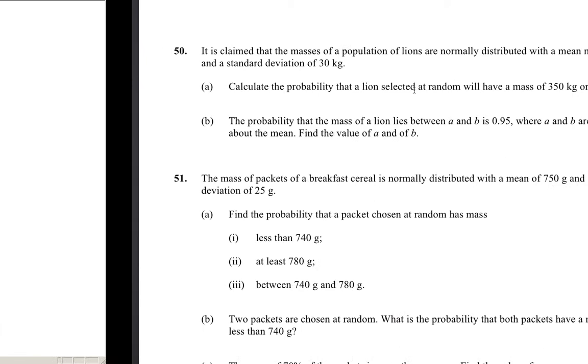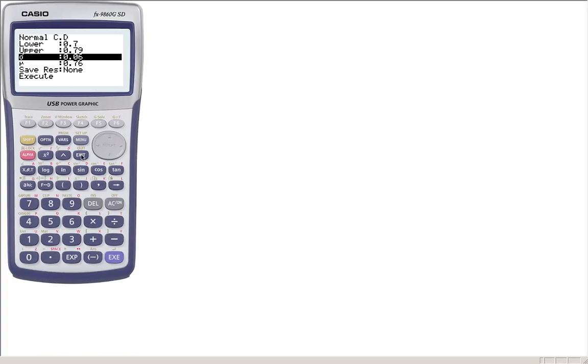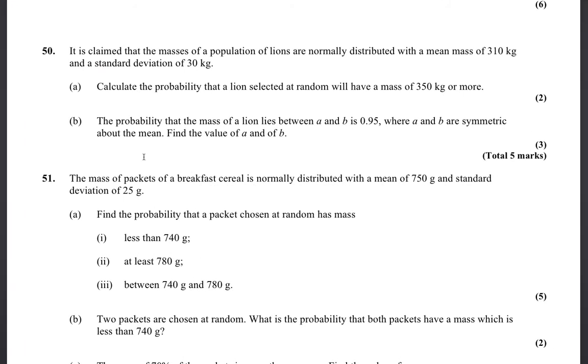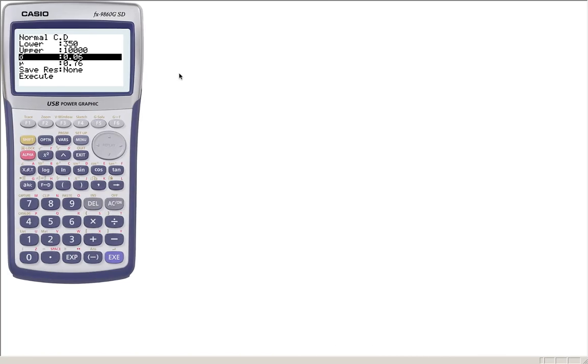So that means the lower limit is 350 and upper limit is 10,000. And sigma here is 30 and mean is 310. Okay, the probability is 0.091.